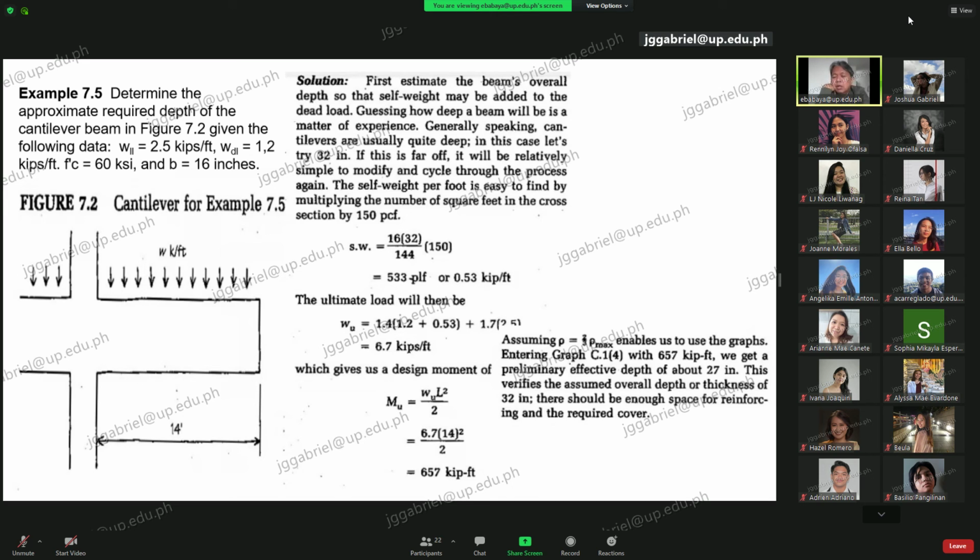Okay? So, in effect, you will have to provide a deeper beam. Mas malaking section. Kasi, how is that? Nag-double? When you say nag-double, yung WL squared over 2 or over 8, you multiply it by 2. If you multiply it by 2, magiging 4 lang yun.